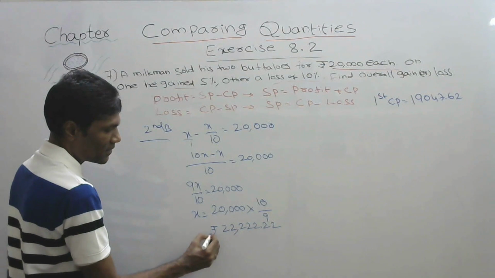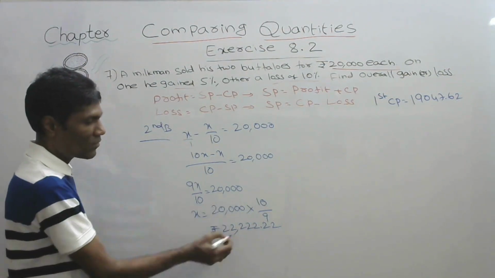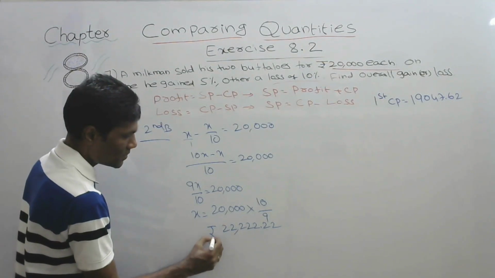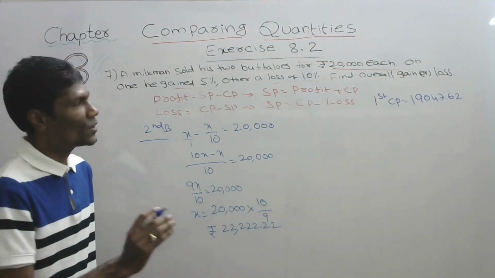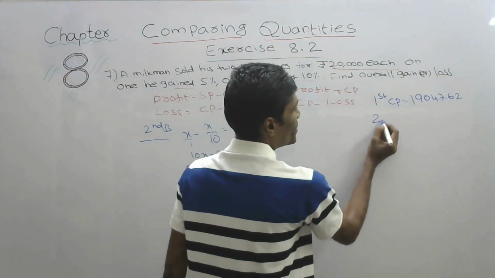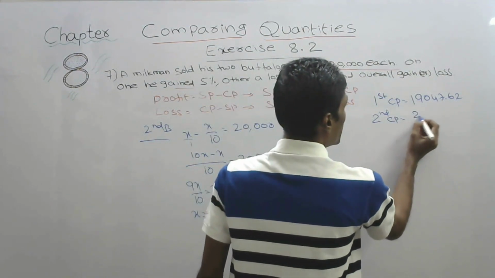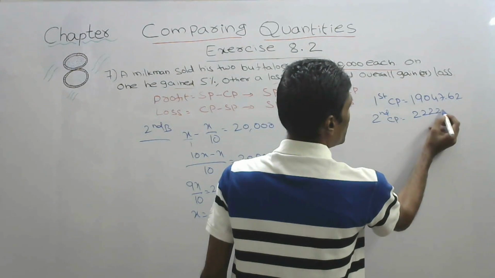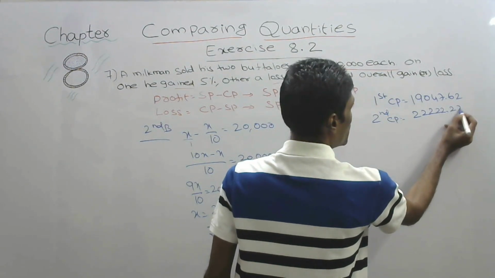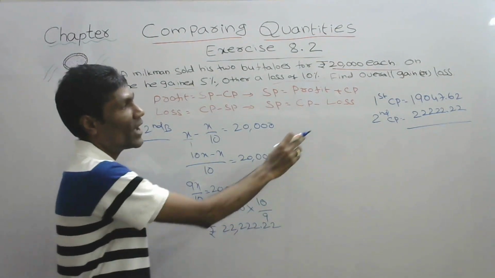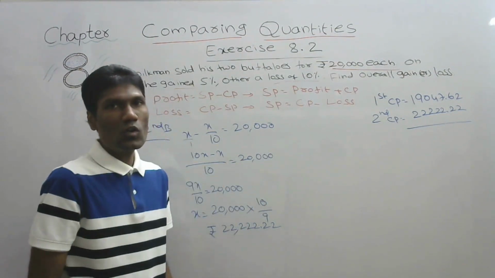When we solve this, we are getting. This is in rupees. So now, on second, the cost price is 22,222.22 we are getting.